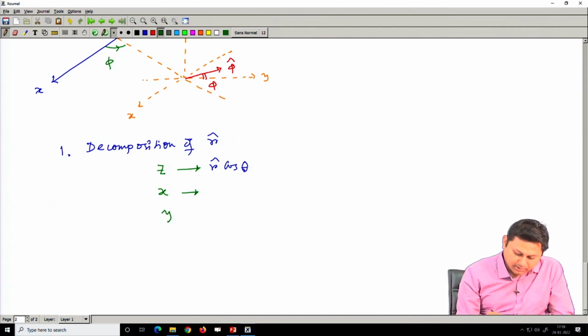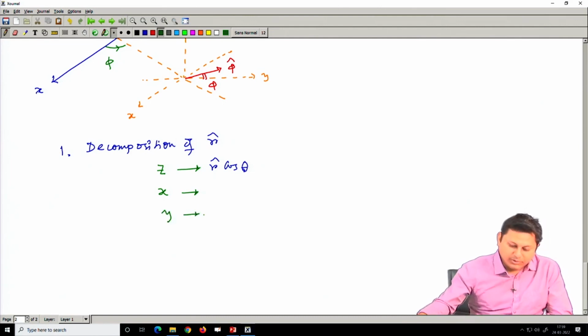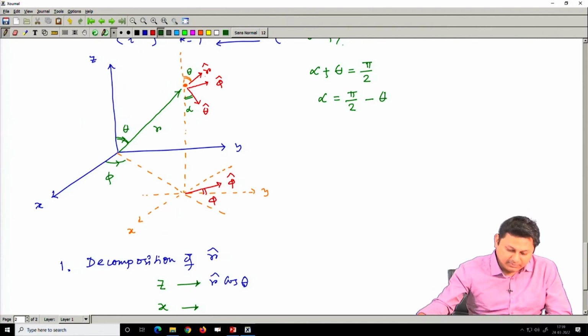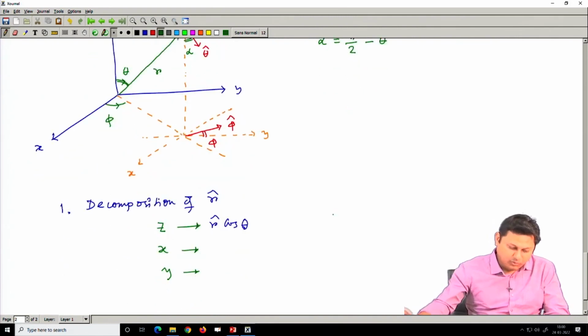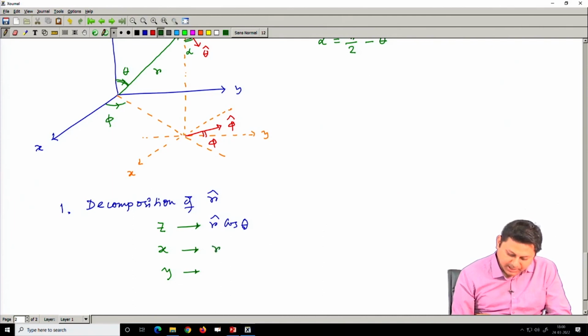Then I want to know the x and y components. Now, you can see that r is hanging here, but I can make a projection of r over the xy plane, and the projection simply has this value. Let me write it in a different color. This is simply r sin theta.